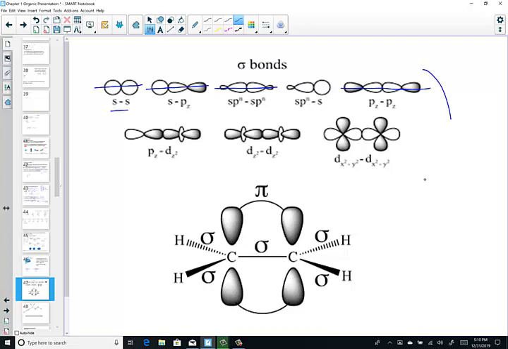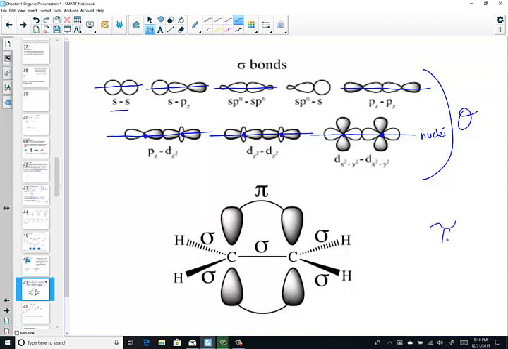So here we have examples of sigma bonds, which means that the overlapping orbitals lie within the same axis. And when I say that, it's the same axis as the nuclei, right? That's where the nucleus resides, in the center of the atom. So it's along the same electron density as where you find the nuclei of the atom.